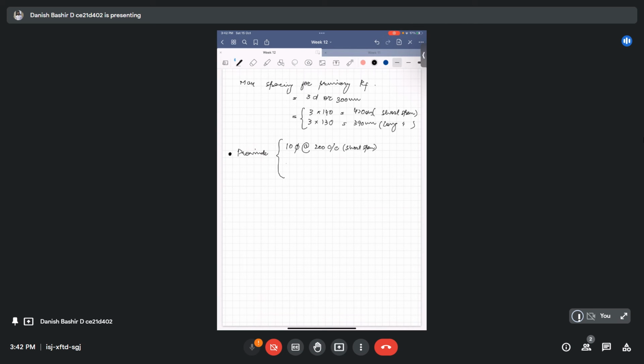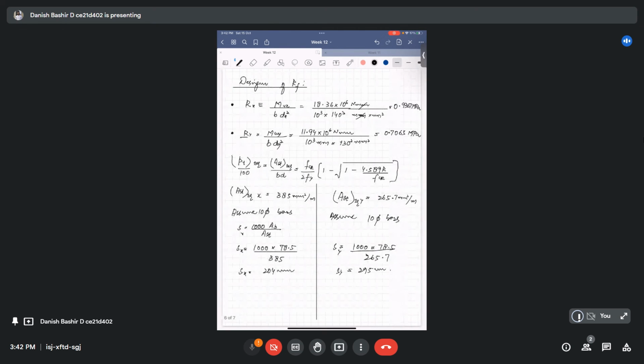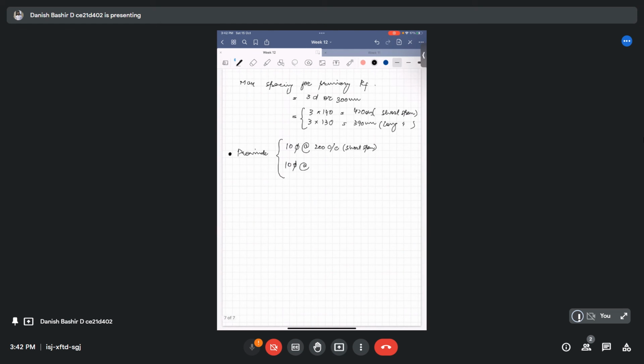Okay, we will provide 10 mm bars at the rate of, look, maximum is 390 and we got here 295, so reducing it to the lower of the two, we get as a multiple of 5 as 290 center to center. Okay, long span.